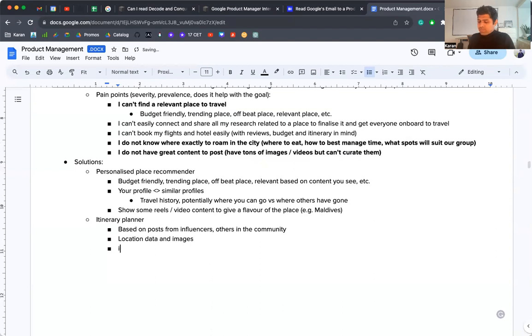We also need to look at travel interests of the group by looking at posts. Maybe I'm interested in a museum, or maybe I'm interested in places to eat, or maybe I'm interested in hiking and things like that. So let's say museum is something that interests us as a group. So I think those nuances can be considered in suggesting an itinerary, and maybe three options for itinerary can be recommended.